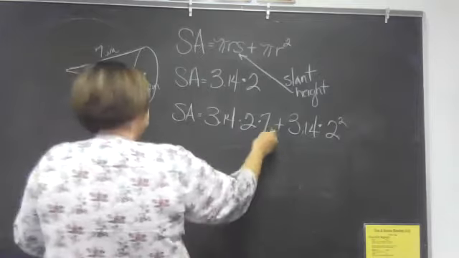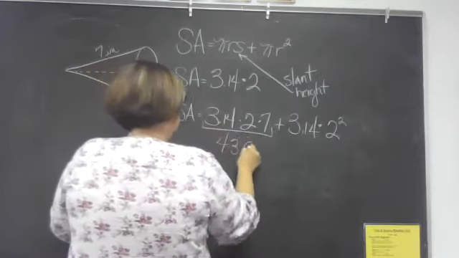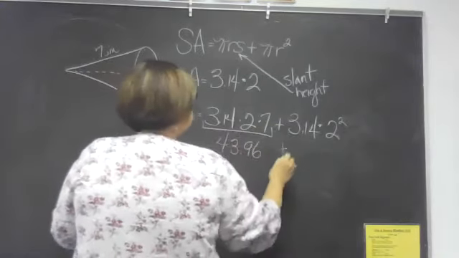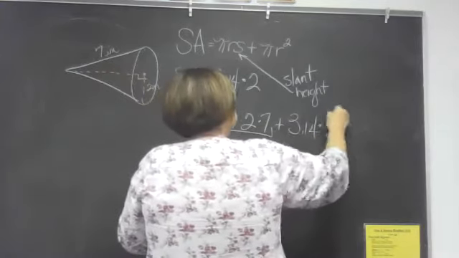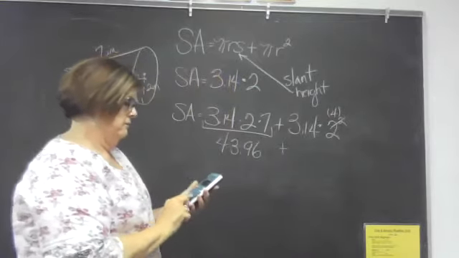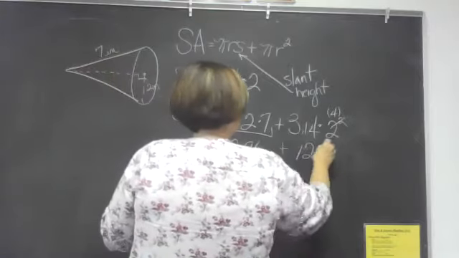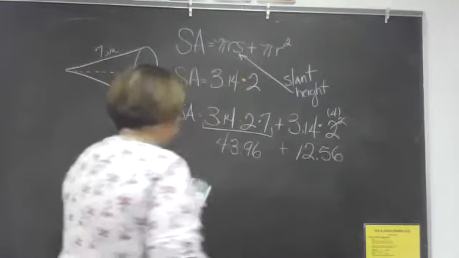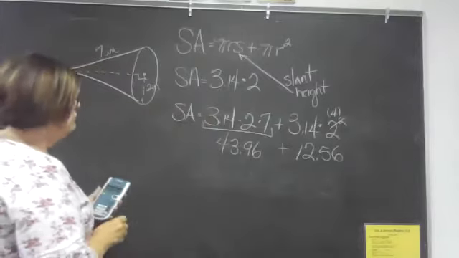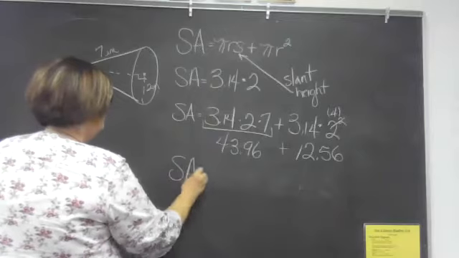So this part is 43.96. .56, and then when I add those two together, I will have the surface area of this cone.